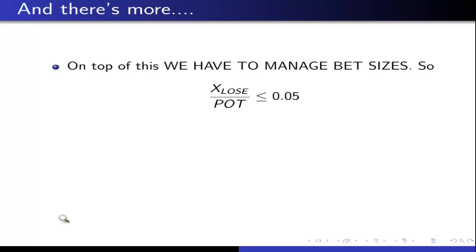On top of this, we have to manage bet sizes. If you have a pot, the total amount of money that you have to invest in risky stuff, to bet effectively, well then you want Xlose, the amount you might lose from the bet, divided by the total amount of money you have, to be less than or equal to 0.05.